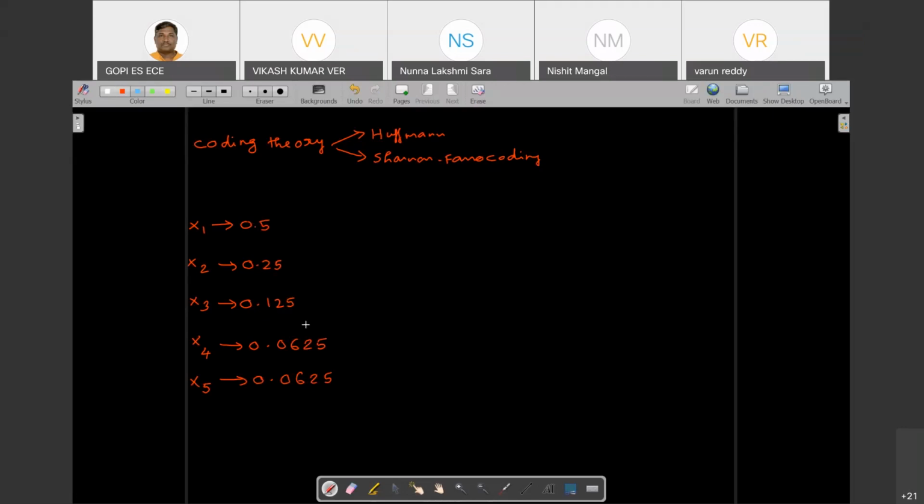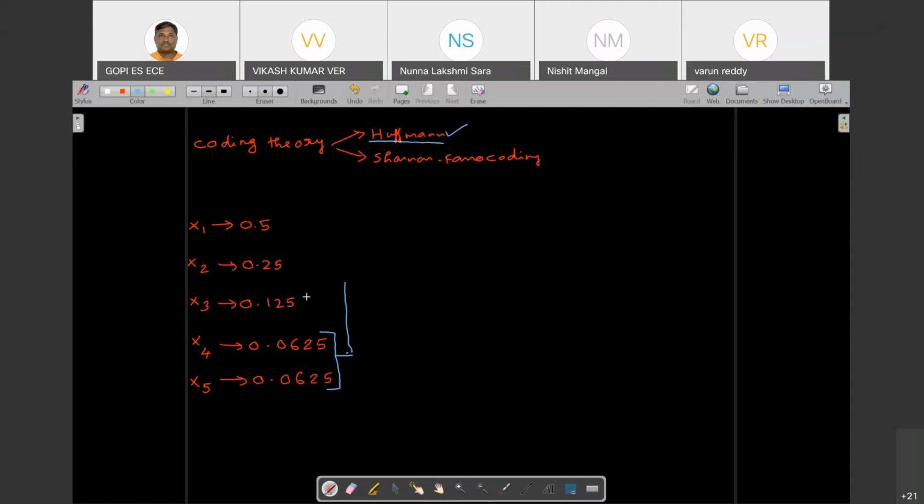How to code it? What you have to do now, I am going to tell the technique for Huffman coding. It is very important. Listen carefully. What I am going to do is combine these two symbols, and the total probability I am looking for is 0.125. So I have to bring it to the location just above where the existing probability is smaller, since 0.125 is greater than the existing probability.